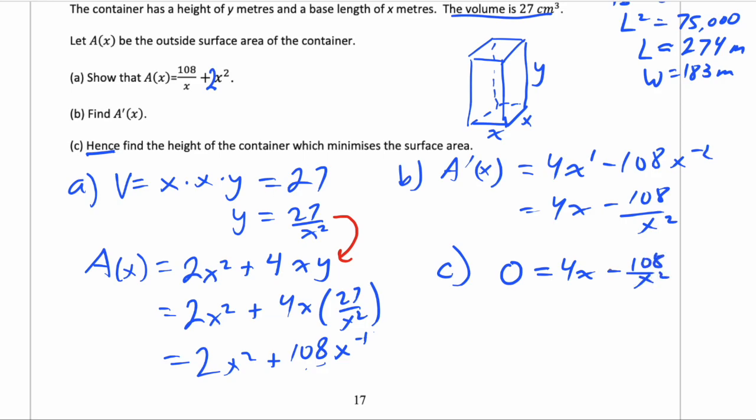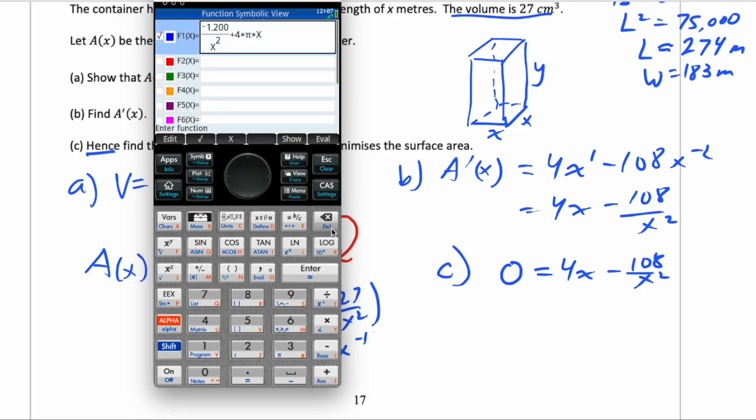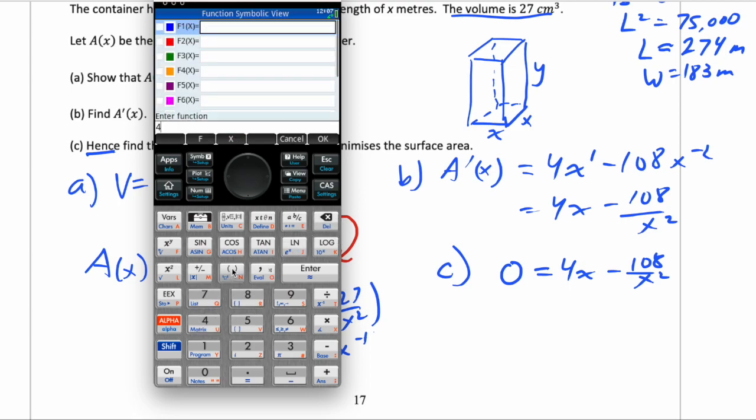We can type that in to solve it. We can type in 4x minus, let's do a fraction, 108 divided by x, divided by x squared.